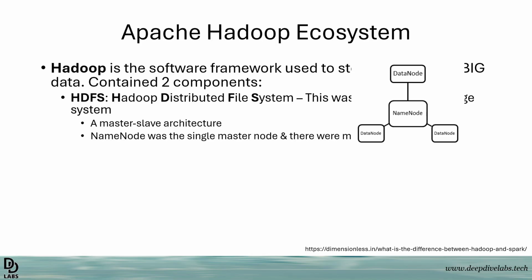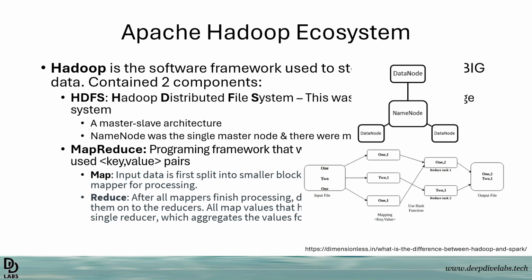This is a distributed storage system. The whole idea being the file storage is distributed according to a master-slave architecture. The name node was the single master node and there were multiple slave nodes. So all of the big data was distributed with regard to a master node and multiple slave data nodes.